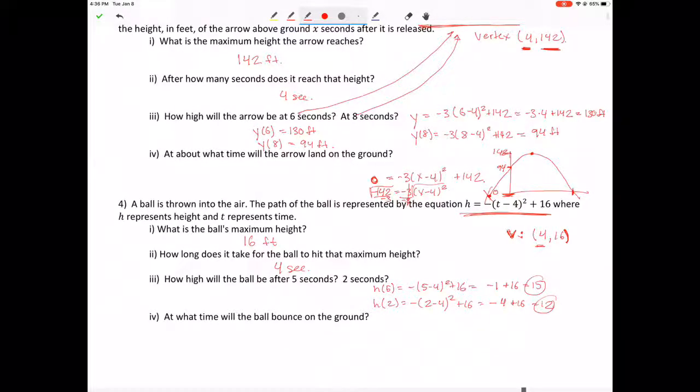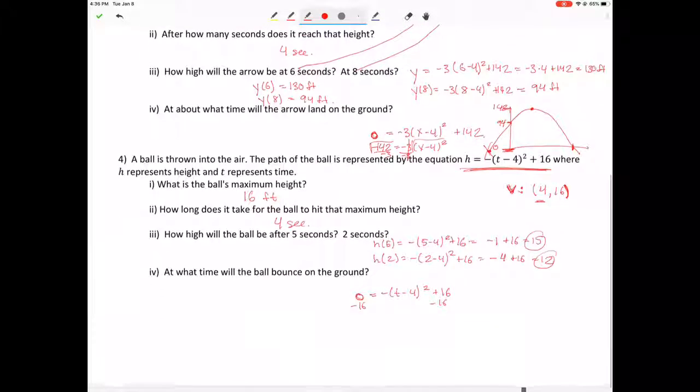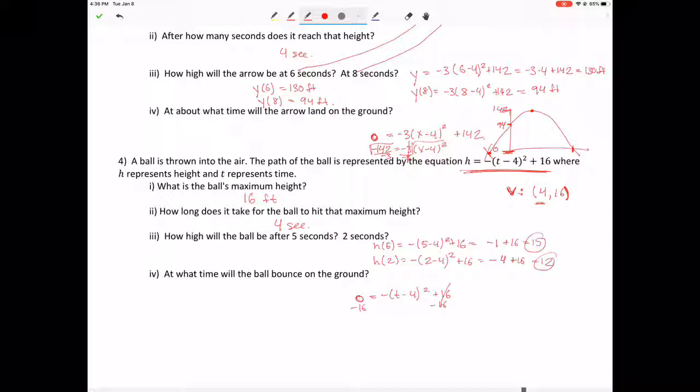And at what time will the ball bounce on the ground? We'll do the same thing. We know that h needs to be 0, and we want to solve for time, so we want to solve for t. Negative (t minus 4) squared plus 16. Subtract 16 from both sides, and then we need to get rid of the negative, so divide both sides by negative 1.